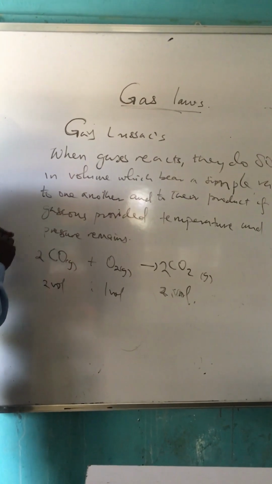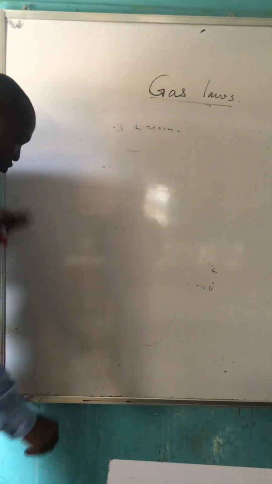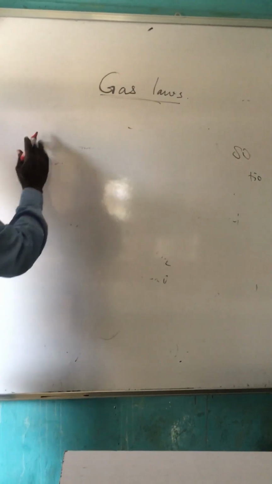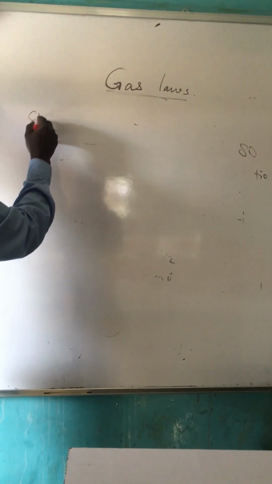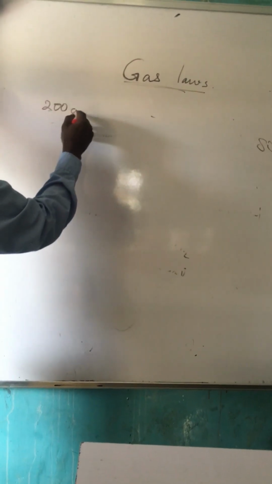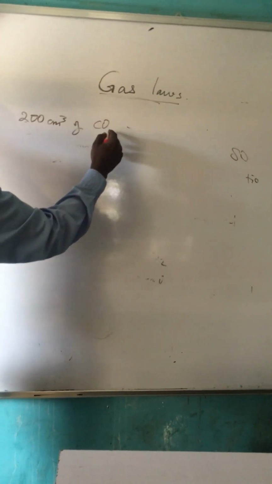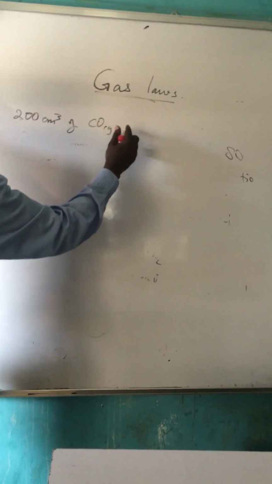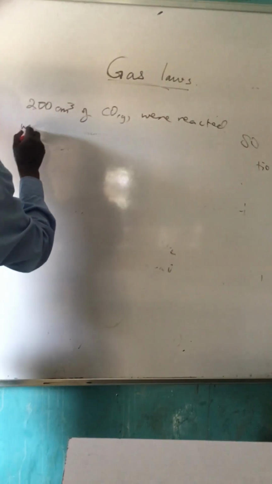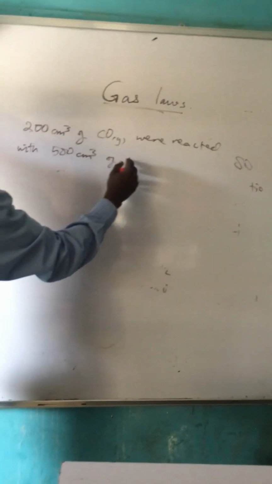Now let's look at an example such as this. 200 cm³ of CO, that's carbon monoxide, were reacted with 500 cm³ of oxygen.